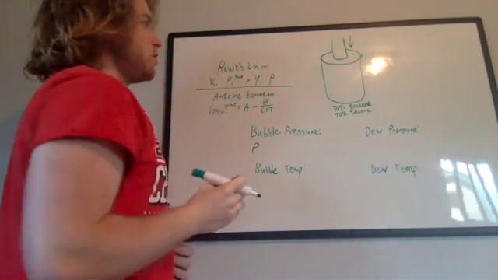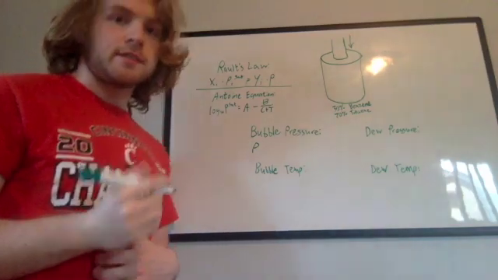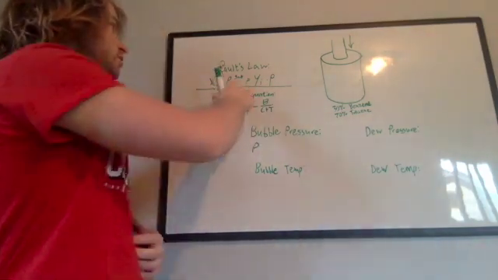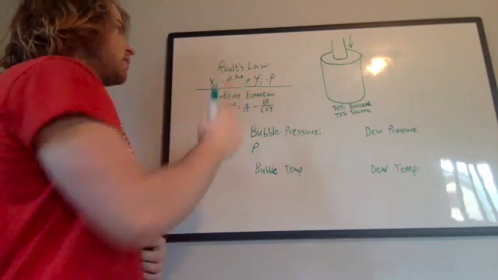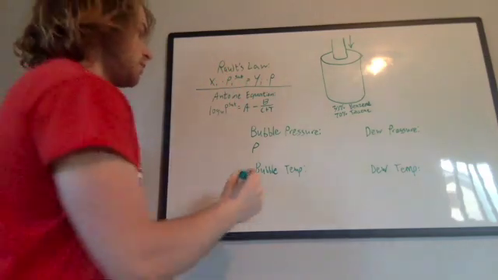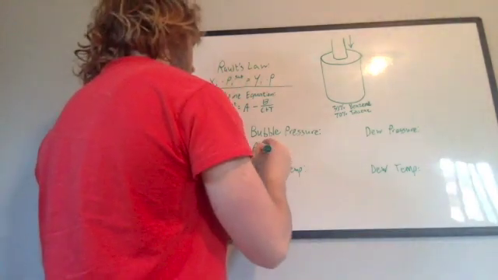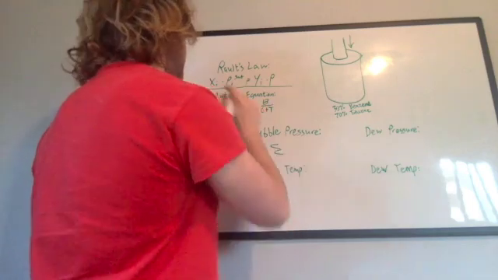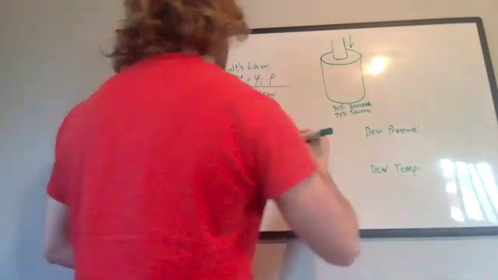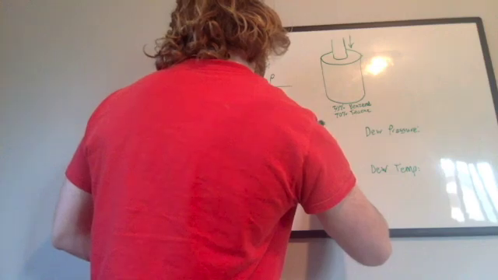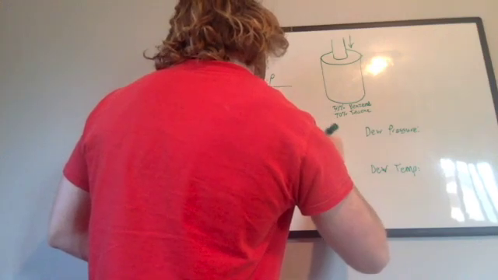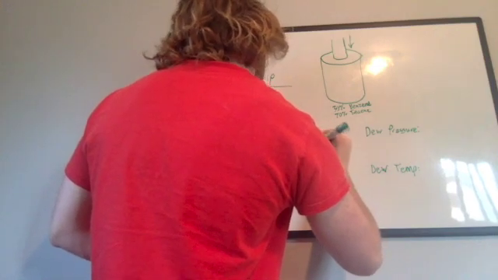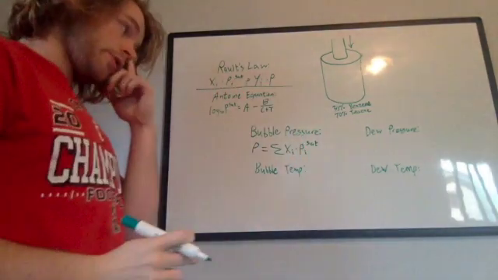We also know the temperature. It's going to be a constant temperature that's given to us, so we are going to find this saturation pressure up here. So P is going to be equal to the sum of xi times Pi sat. And that is going to be our equation for the bubble pressure.